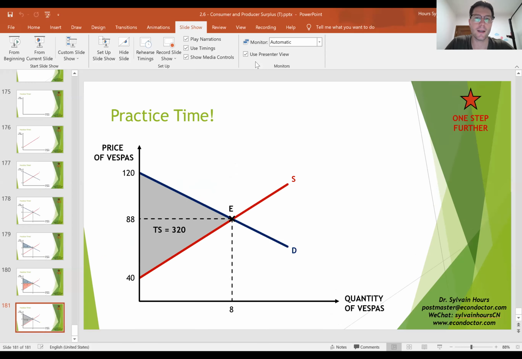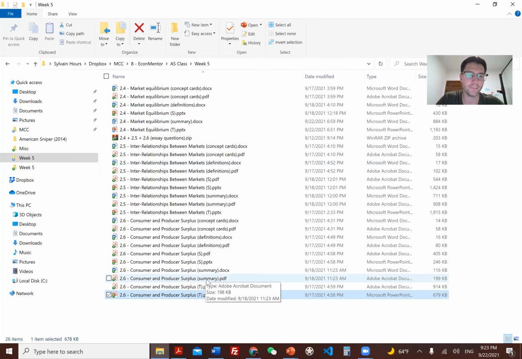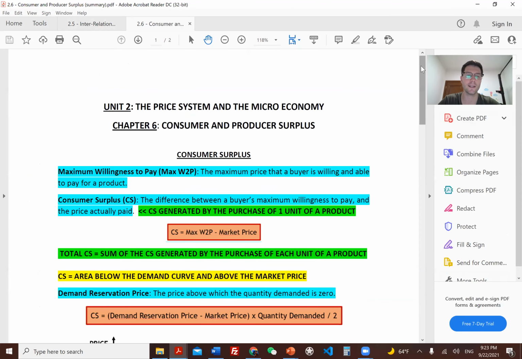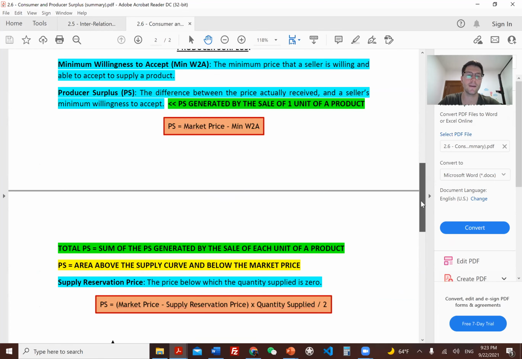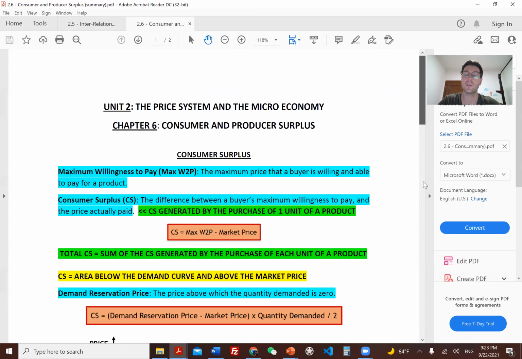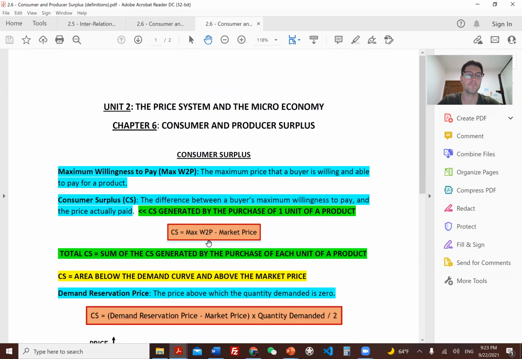So just like for the other topics, you have a summary. How many pages? Only 2. Look at that. That's magic. Only 2 pages to summarize everything there is to know on consumer and producer surplus. Definitions, not many.